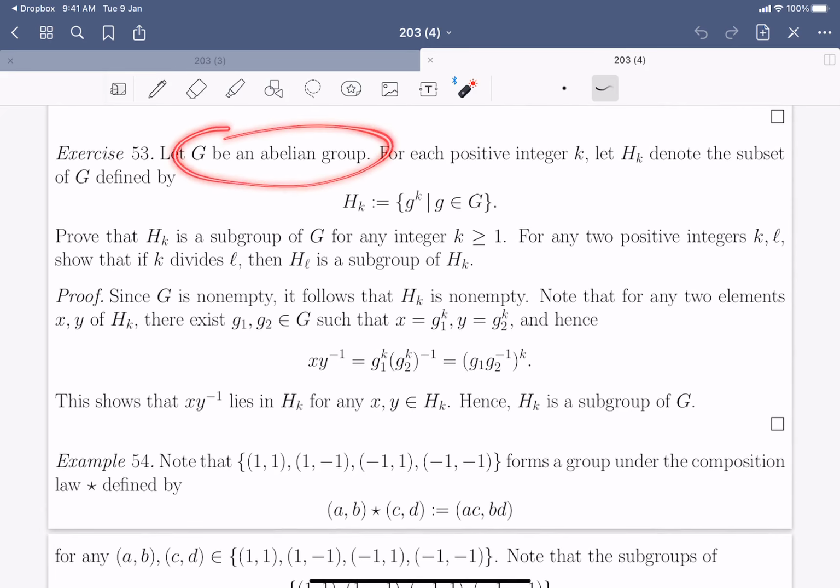So you start with an abelian group G, okay? Then we collect the kth powers of all the elements of G, and the set that we get is denoted by HK. So this exercise asks us to show that HK is a subgroup of G, whatever that K might be. K is a positive integer.